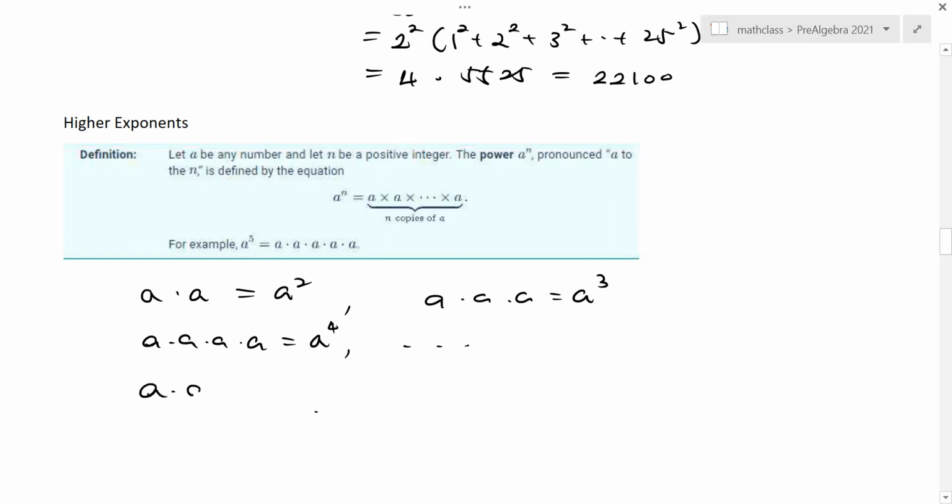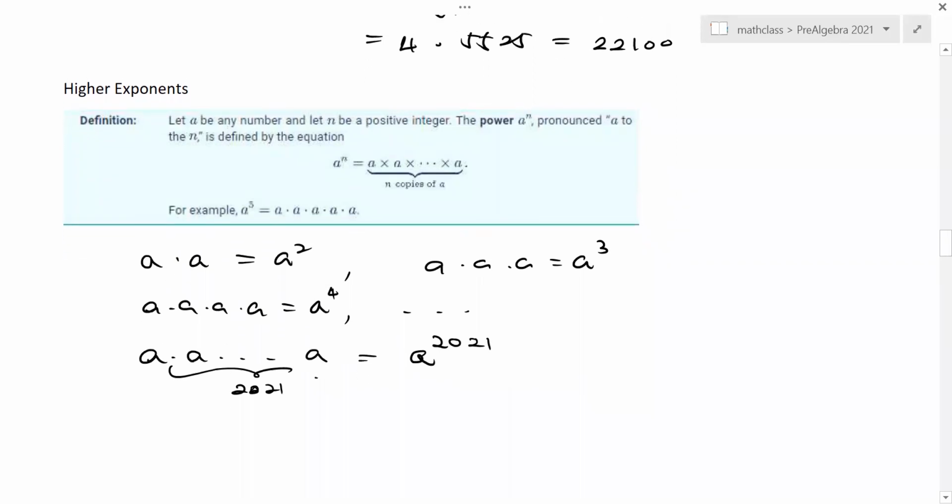For example, a times a, you have a to the 2021, then divided by a to the 2000. In general, if a is greater than 1, this number is getting larger and larger. But 1 to any power is going to be 1.